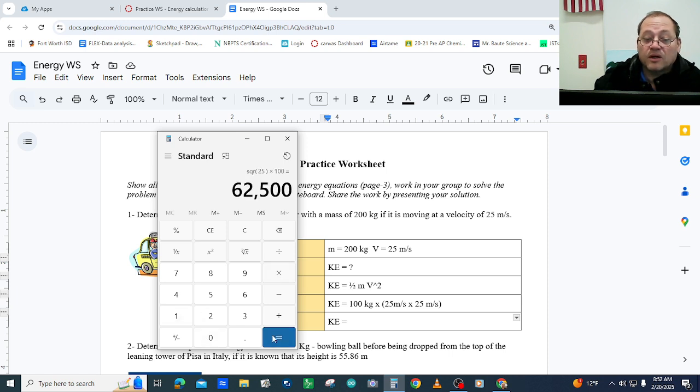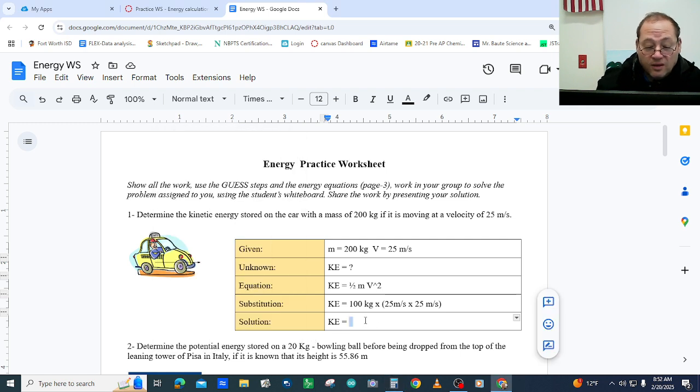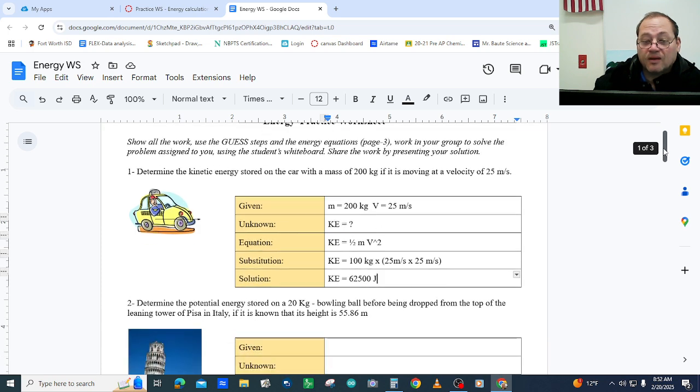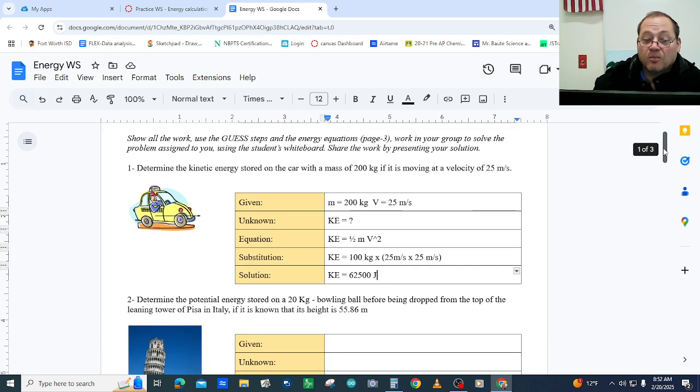And you're going to get 62,500 joules. And that is the kinetic energy of that car. Right? That's it for number 1.